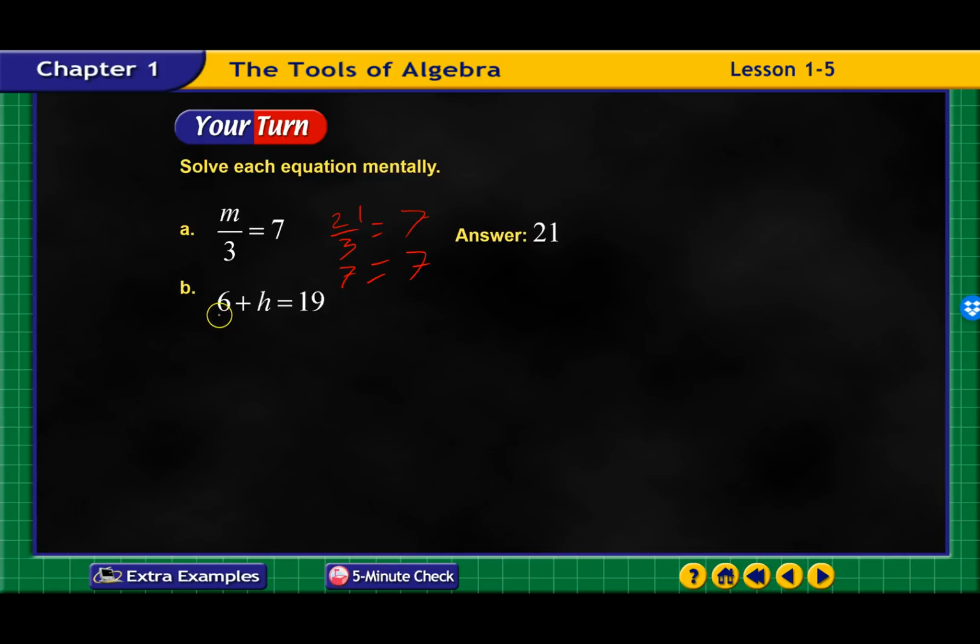Over here, 6 plus h. What number plus 6 equals 19? So we take 13. 6 plus 13, what do you get? 19? Yep. 6 plus 13 equals 19.